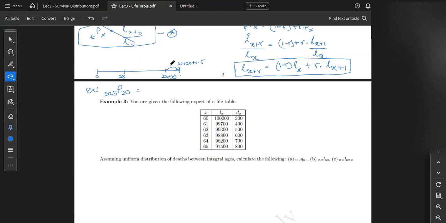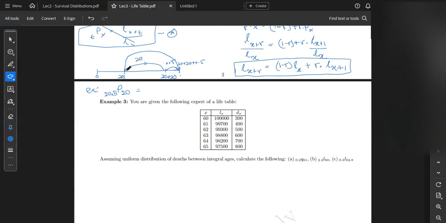So we are interested in, like, this is a 20-year jump, this is a 0.5 jump. So these are two jumps, but overall, we have a huge jump.